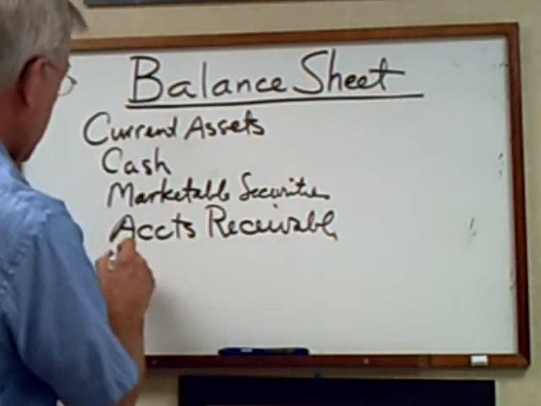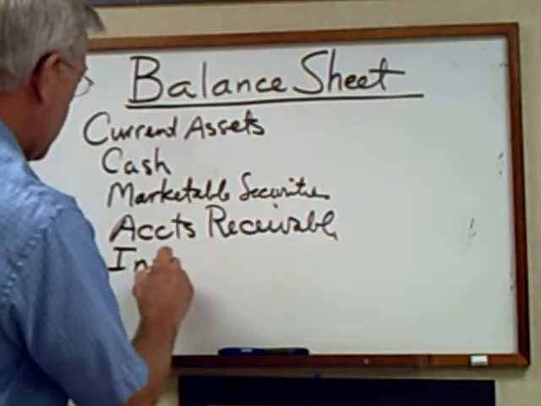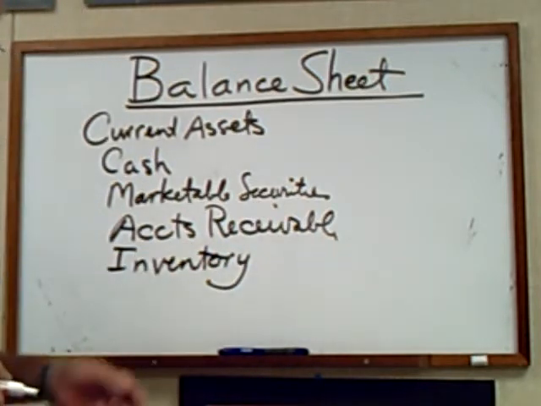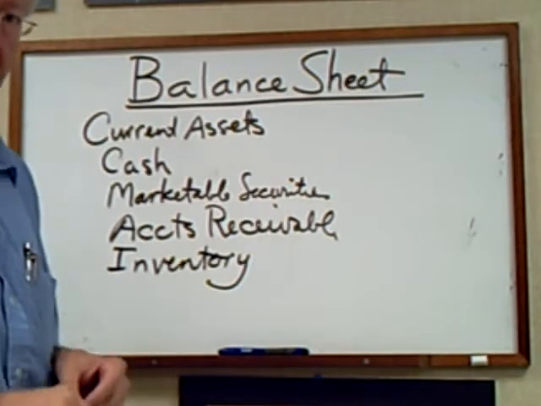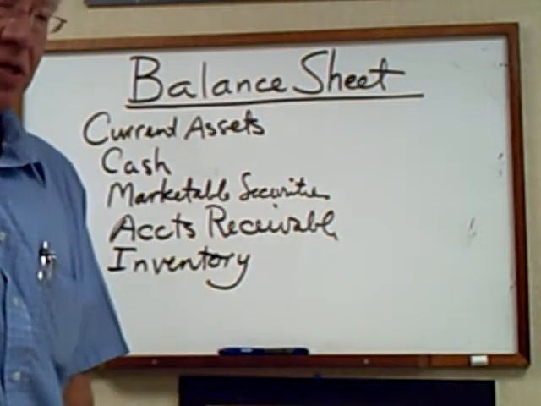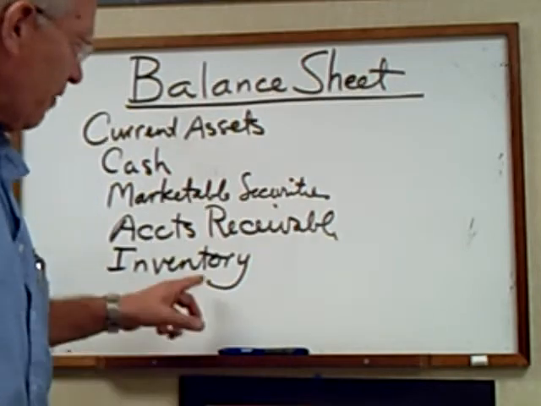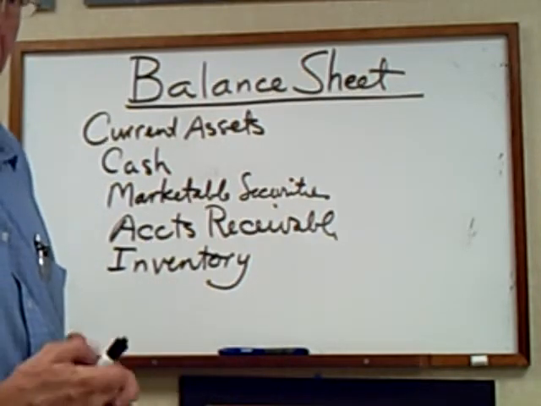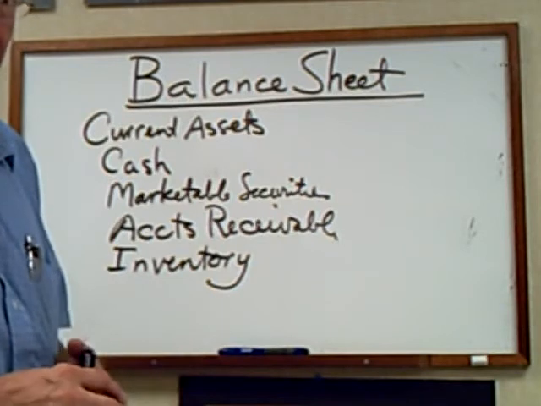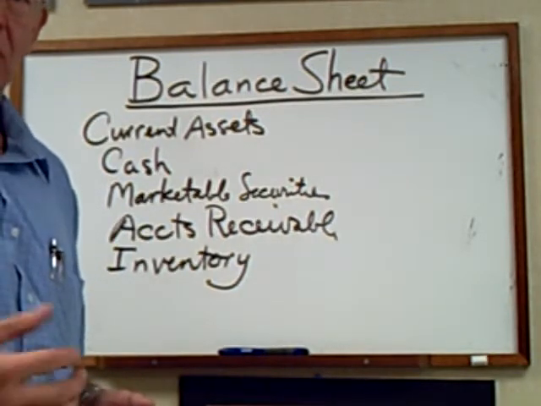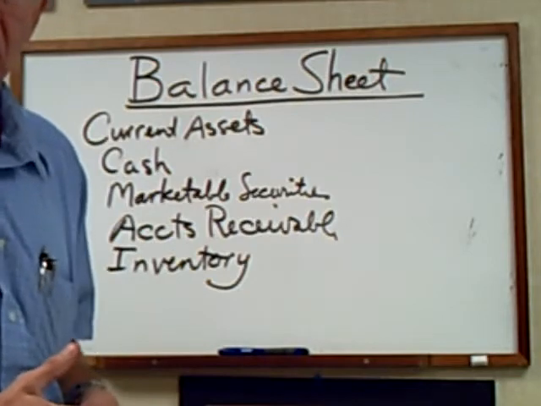Next is inventory. Inventory is an asset, and when we buy inventory for our business, we expect that it's going to generate cash as it gets sold to customers. Of course, inventory has some liquidity problems because, well, what if you have obsolete inventory or inventory that was in style last year but now is not in style?